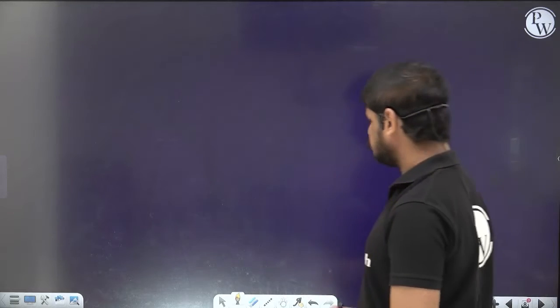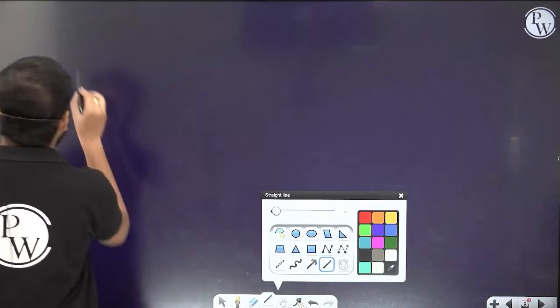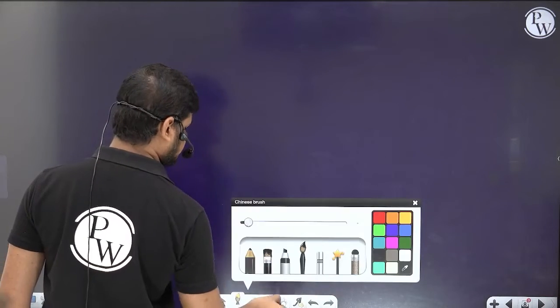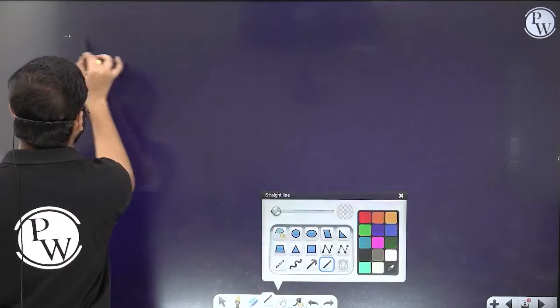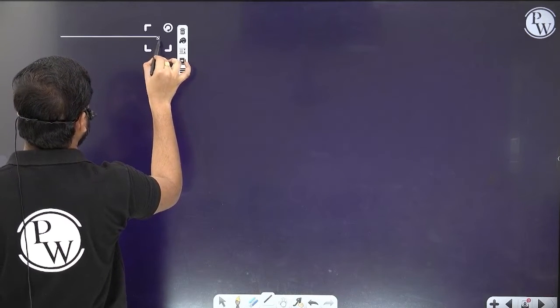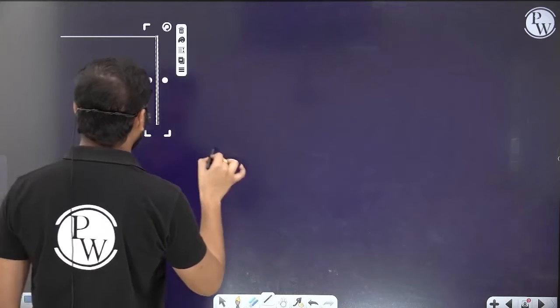See, I'll draw the two scenarios here, the initial and the final. First let's say the initial position. So this is a table.